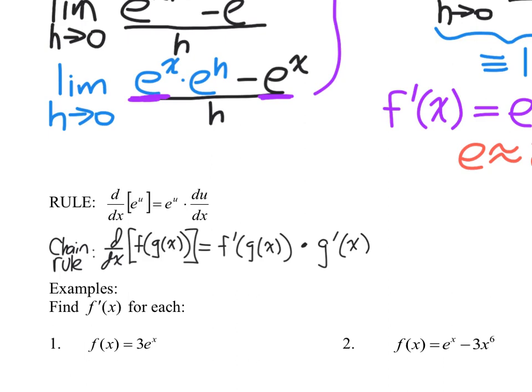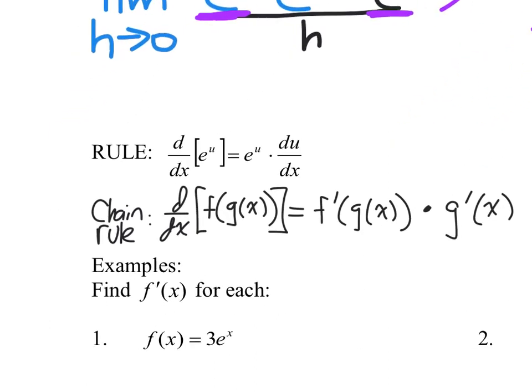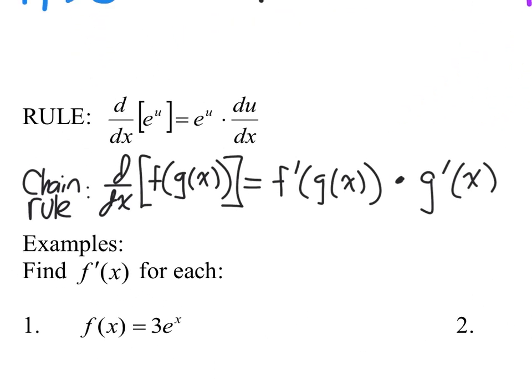So let me zoom in again. All right. So if I'm basically doing the same thing but with an e to the u, what I'd be looking for is the derivative of e to the u, multiplied by the derivative of the u itself.